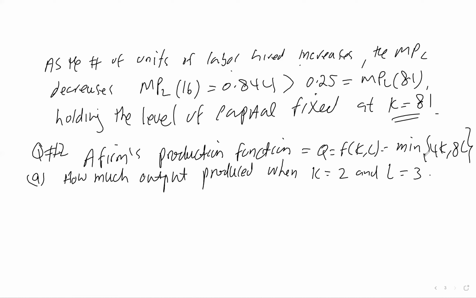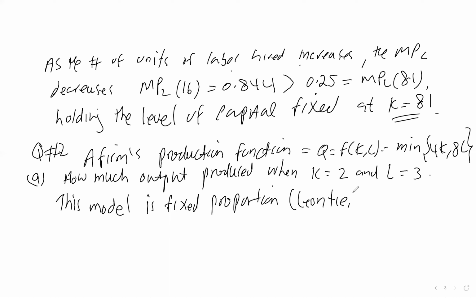For the firm's production function, we say that this is a Leontief production function. By Leontief, we mean that this is a model of fixed proportion. So this model is a fixed proportion or Leontief production function.